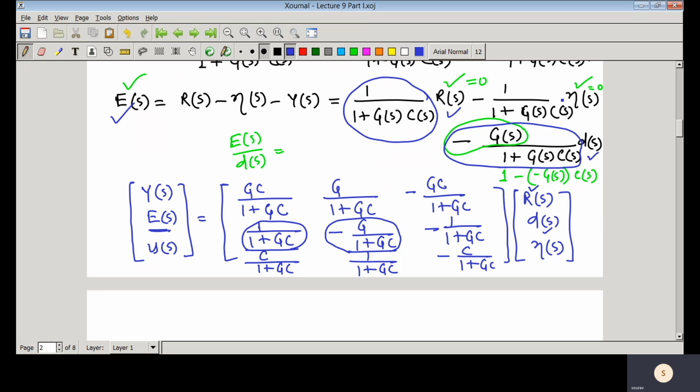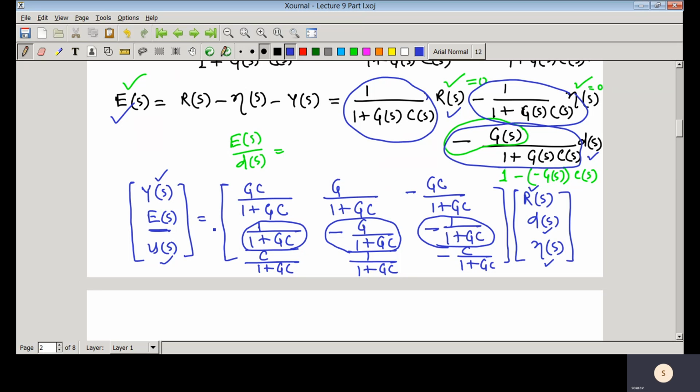And the last one is this transfer function, minus 1 by 1 plus GC, into eta S. Similarly, I have written the expressions for YS and US.